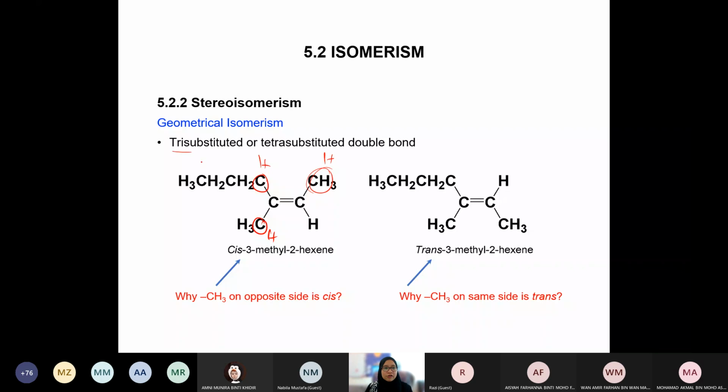That's why it is called tri-substituted or tetra-substituted. This is tri-substituted because we have one hydrogen. Tetra-substituted means we may have this one like CH2, CH3. That means all the hydrogens that are supposed to be attached to the carbon are now replaced with alkyl, bulky groups.